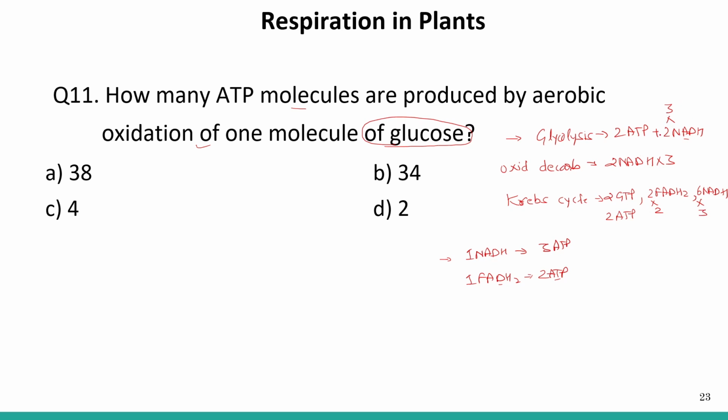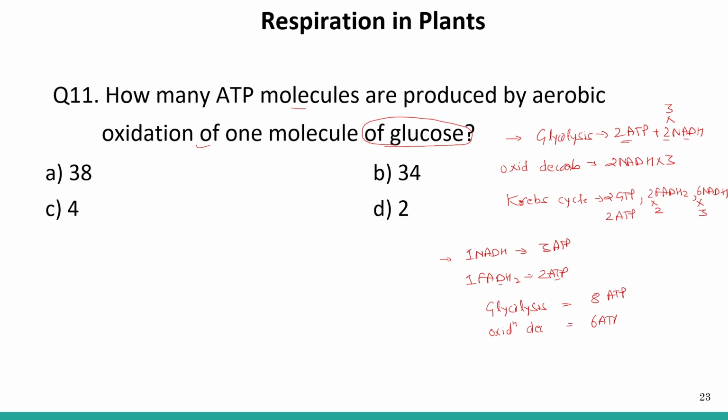So during glycolysis, how many ATP will be produced? 2 plus 6 equals 8 ATP. Then if we talk about oxidative decarboxylation, 6 ATP will be produced.